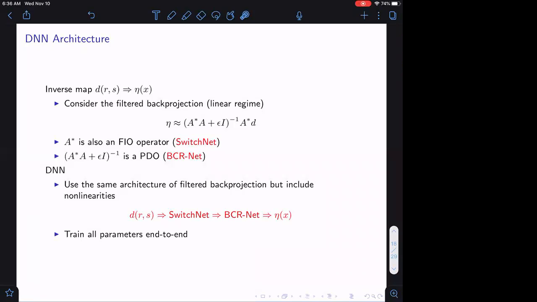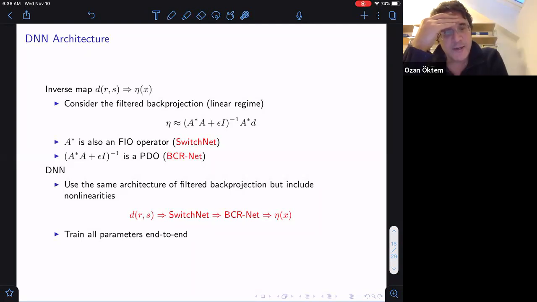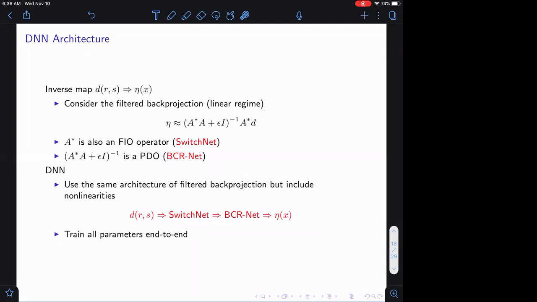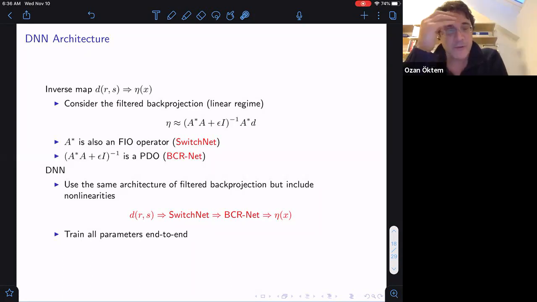It is a Fourier integral operator. SwitchNet is really a linear algebra realization of the butterfly algorithm, which is a Fourier integral operator. Okay, I'm sorry then. Okay, thank you. No problem.